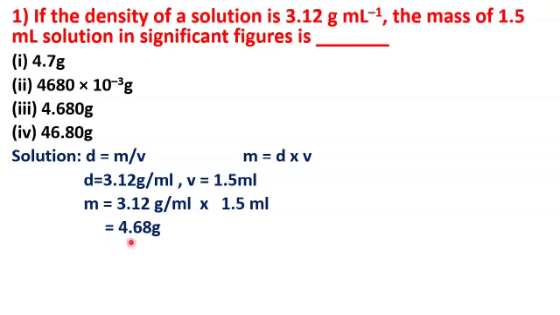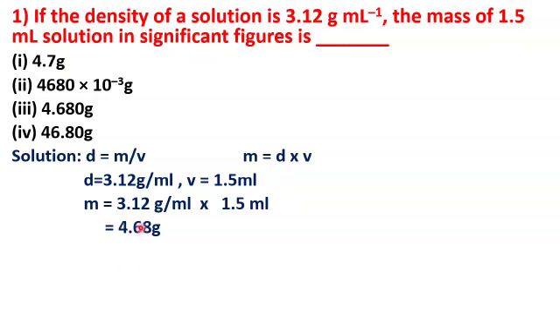But this answer you have to write in significant figures. So here in these two numbers, 3.12 has 3 significant figures and 1.5 has only 2 significant figures. So result should not consist more than two significant figures. Hence we have to convert this to a number of 2 significant figures.